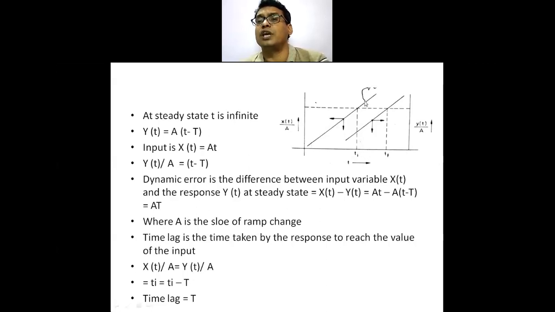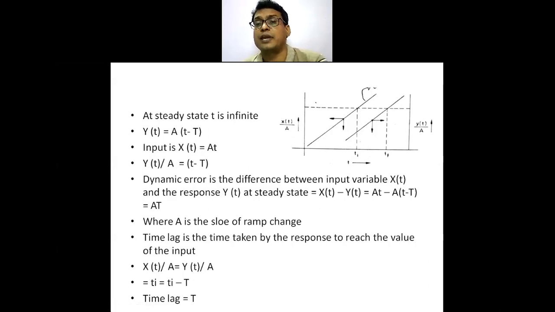So input against the time is this graph. This is the input, that is increasing linearly. And this graph is the y(t) upon A against the time. So there is the input graph and the output graph. The dynamic error is the difference of time that is observed between the input variable and the output variable.